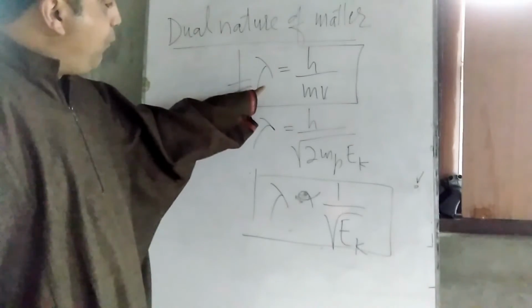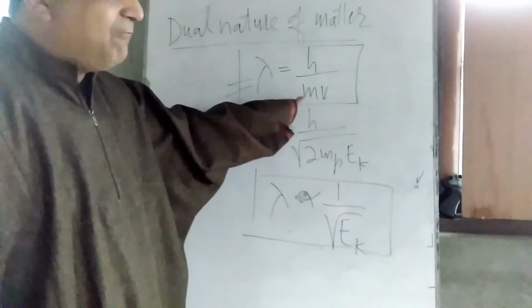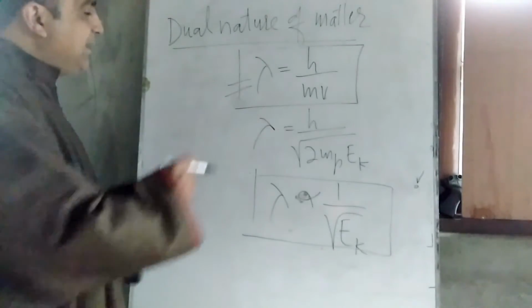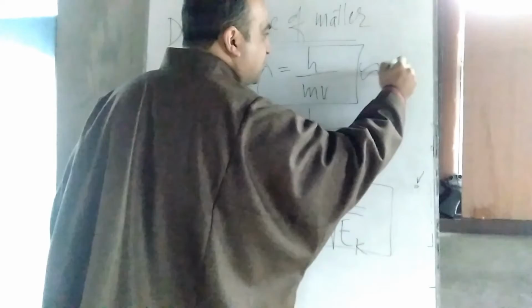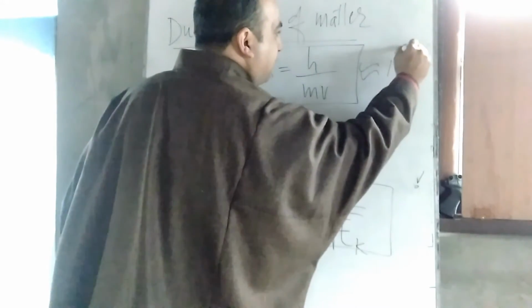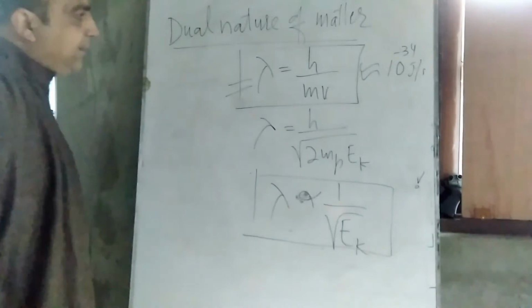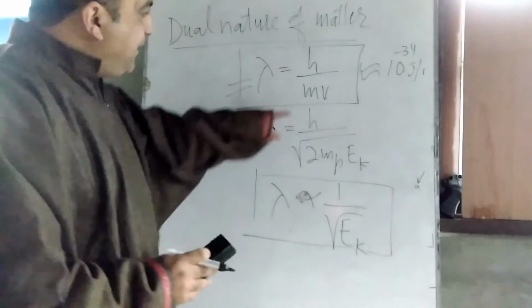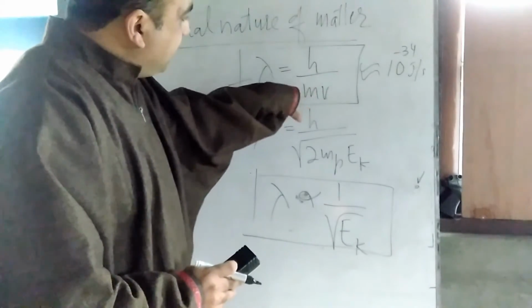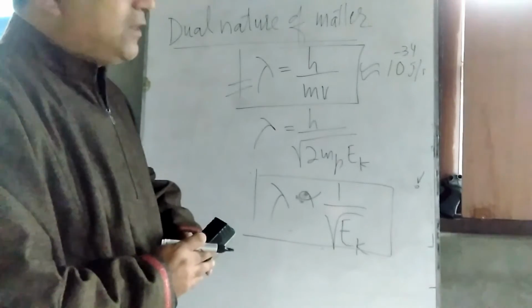And if you go back to this equation, lambda is h by mv. You can see here this Planck's constant is very, very small. It's extremely small, of the order of 10 raised to the power minus 34 joule second. And the denominator is a multiplication of mass and velocity.